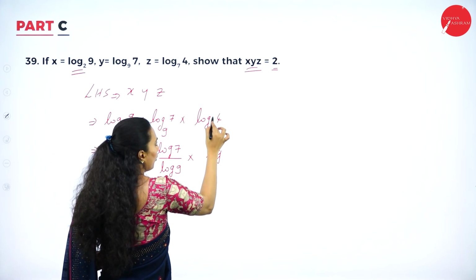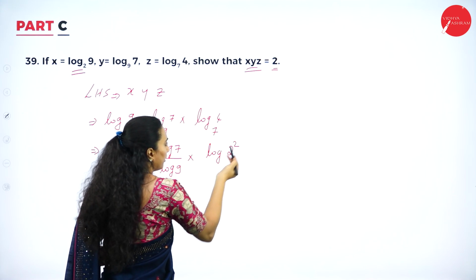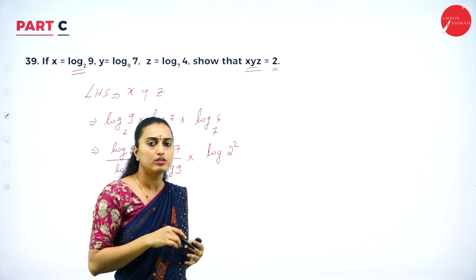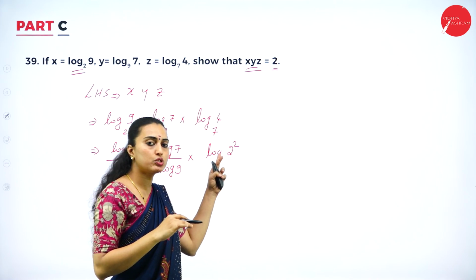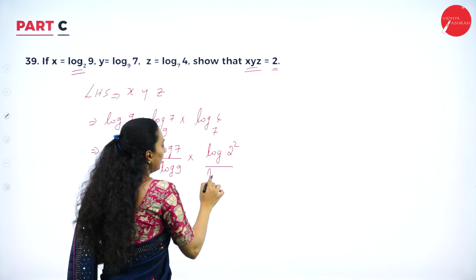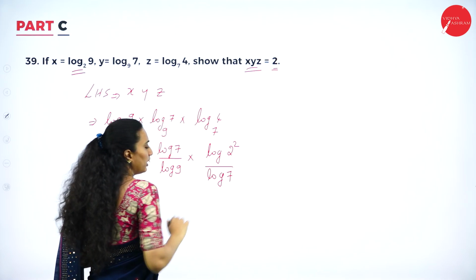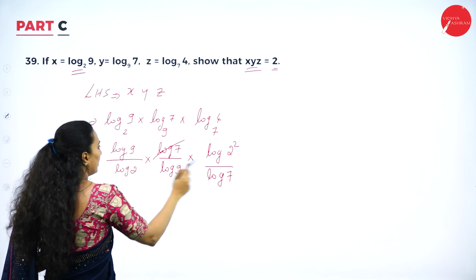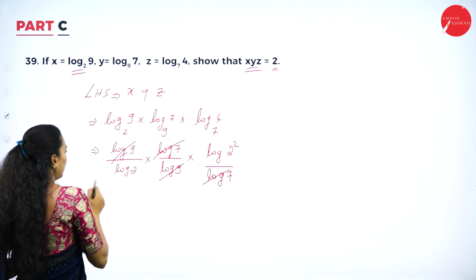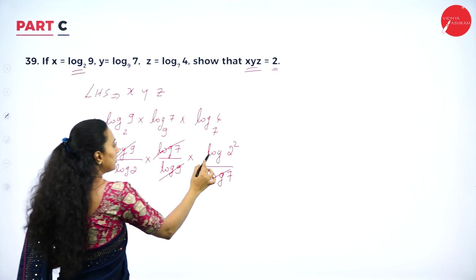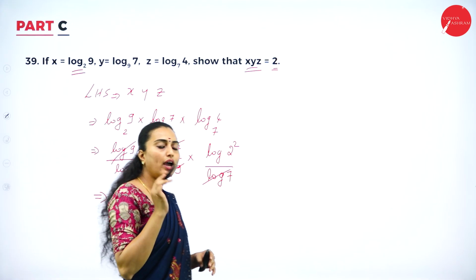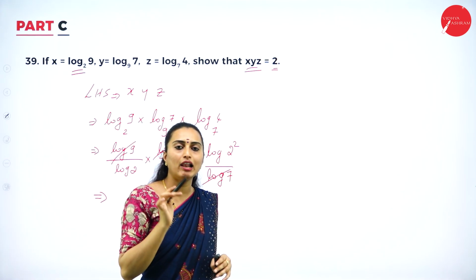log 4. I am going to write 4 as 2 squared, so log 4 divided by log 7. This step is very important. Now log 7 will go, log 9 will go. Now, log m power n can be written as n log m.